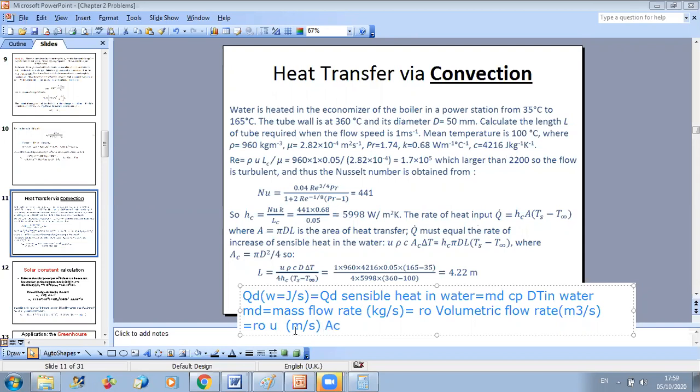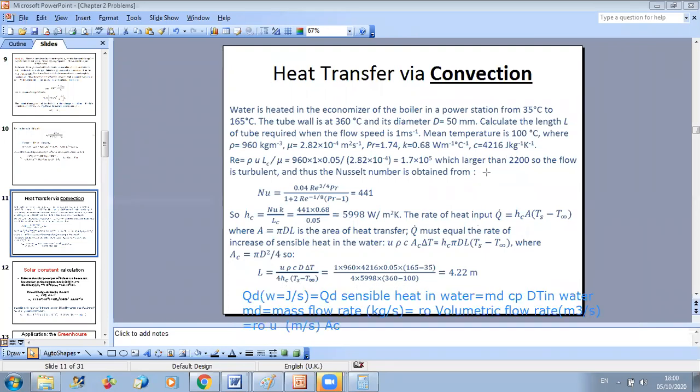What is the cross-sectional area here? Pi d square over 4. Because this is your tube, and the flow is entering the tube perpendicular to the following area.